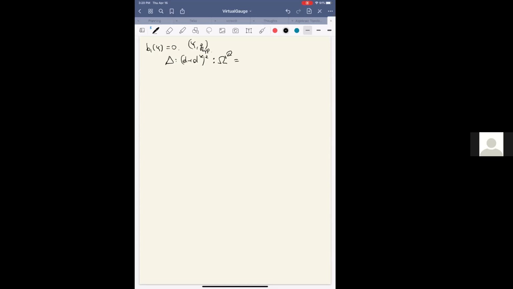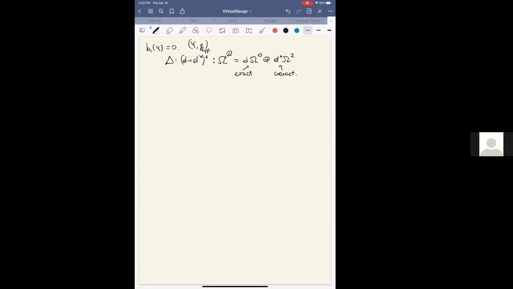The Hodge theorem tells me that it splits as an orthogonal direct sum of exact forms, stuff which is d of a function, and d star of omega 2, so this is coexact. The action of the Laplacian preserves these two components.